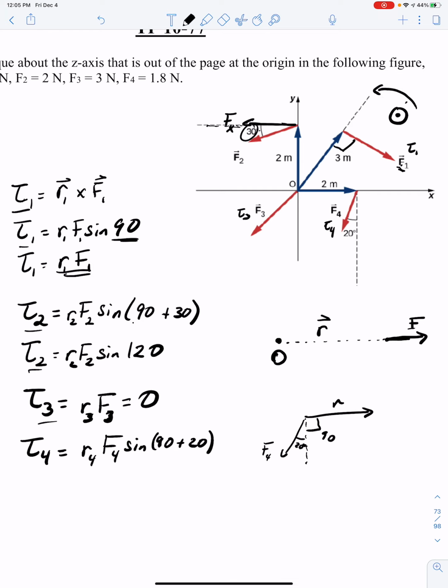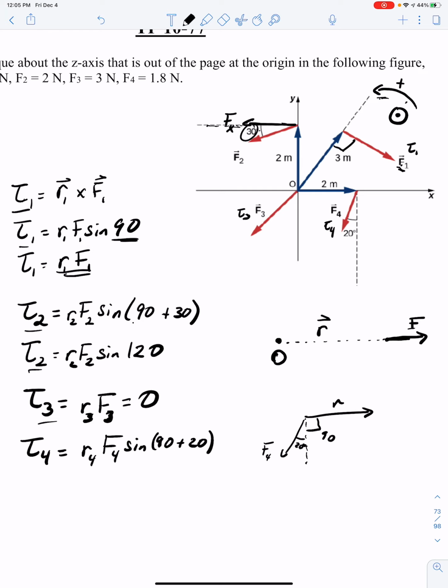I mean counterclockwise, I'm so sorry. Counterclockwise. Do this. Point your index fingers in the arrow that I just created, and your thumb should be coming out of the page. That's the right-hand rule for torque.